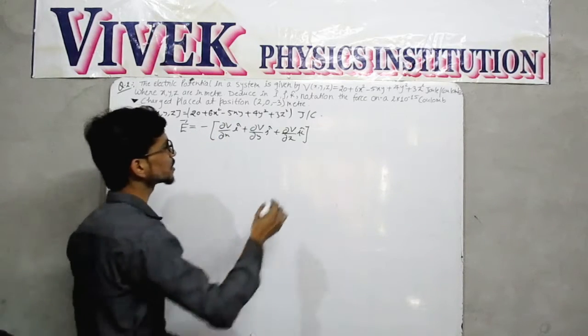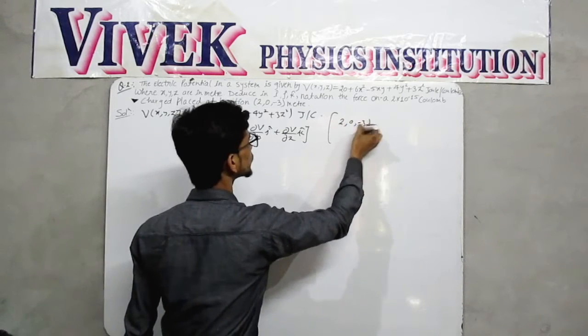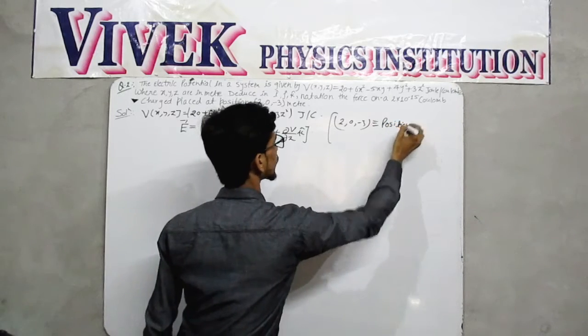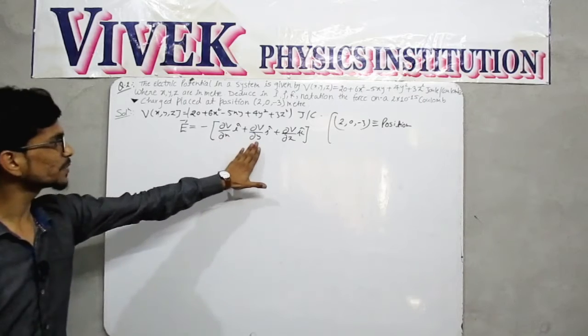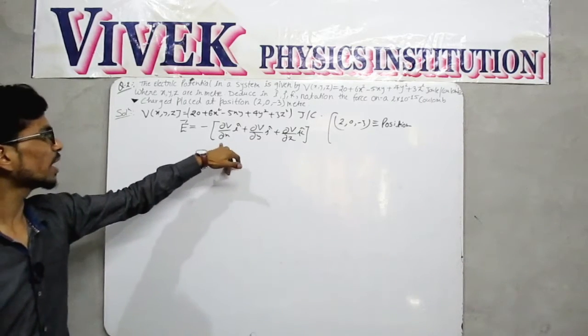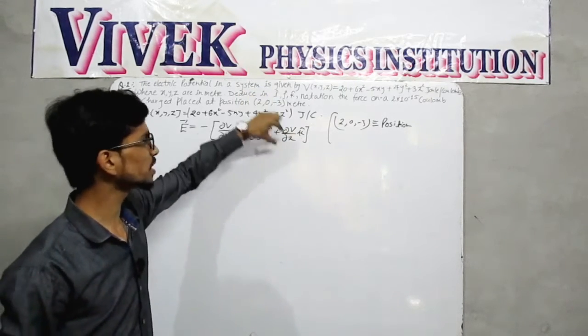And the position given to us of the charge is (2, 0, minus 3). So we can differentiate the given equation partially with respect to x, y and z separately, and then put down the values of del V upon del x, del V upon del y, del V upon del z.